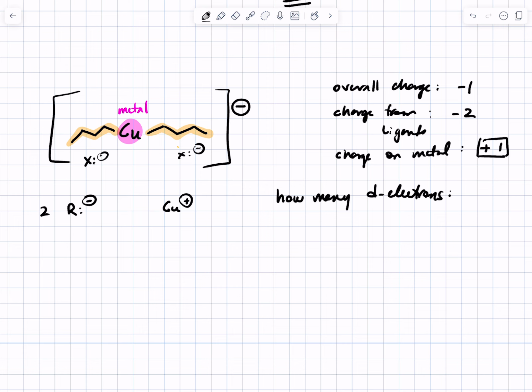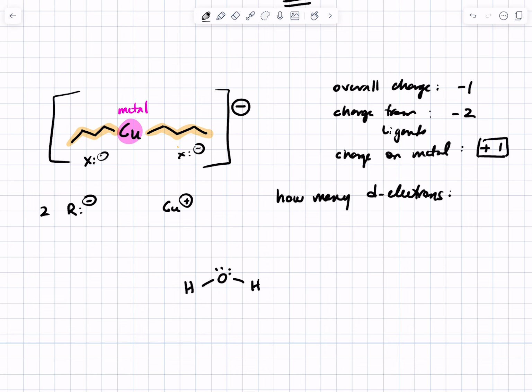In reactions where a metal is going to use a pair of electrons to do chemistry, you want to make sure you know that a pair of electrons is available, because it is not customary to draw lone pairs on metals. So normally when we've drawn the structure of water, if we wanted to remind ourselves that the oxygen had 2 lone pairs, we'd just do that. There's enough d electrons on metals that it is no longer customary to draw little dots for lone pairs. You sort of run out of space. So instead, you have to keep track of it, and this is how we keep track of it.